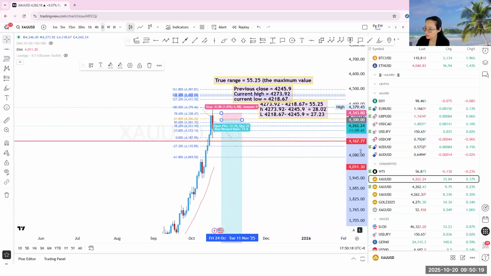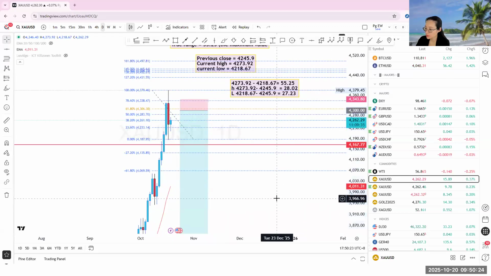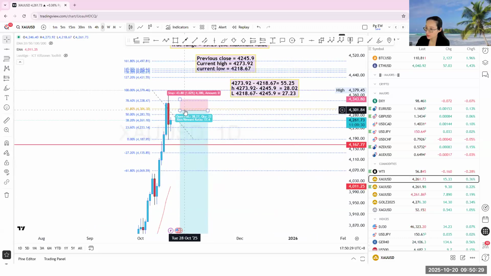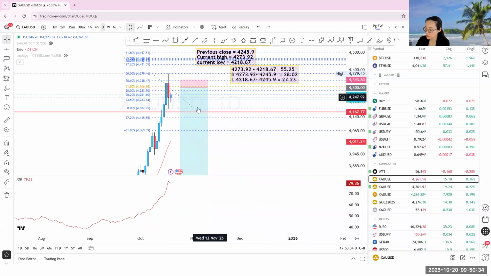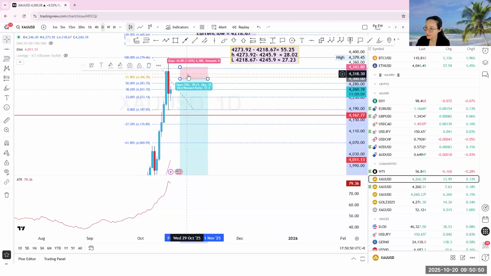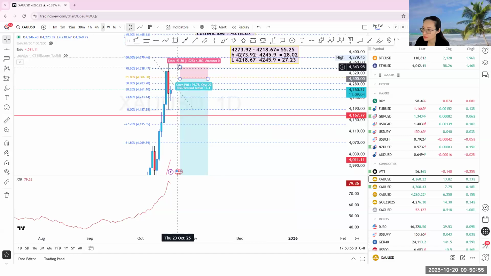I'm using 79, but this one I'm going to use like 80. So sorry, this could be 800 pips, okay. 800 pips would be here, 3780.